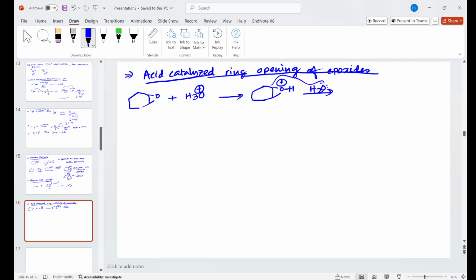The water can attack in any position, so that we'll have this, right. And eventually, if you work up, it will give you one glycol product.